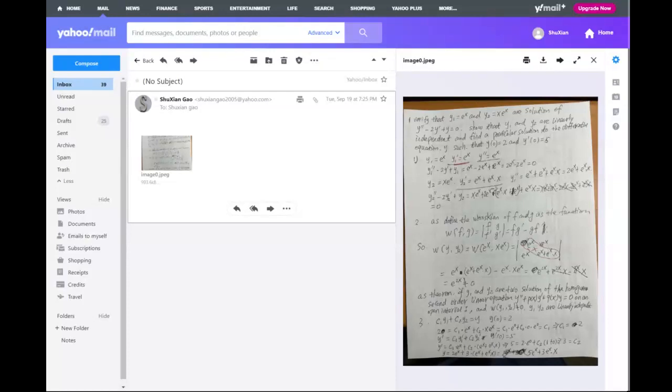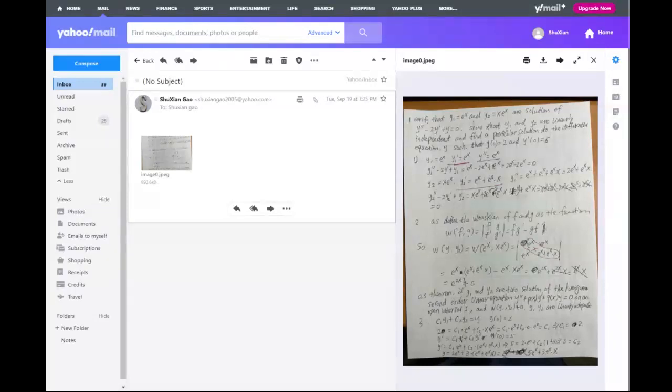For the third one, we need to find a particular solution for the differential equation. We know that y1 and y2 are solutions of this homogeneous equation and they are linearly independent, so y equals C1 times y1 plus C2 times y2.